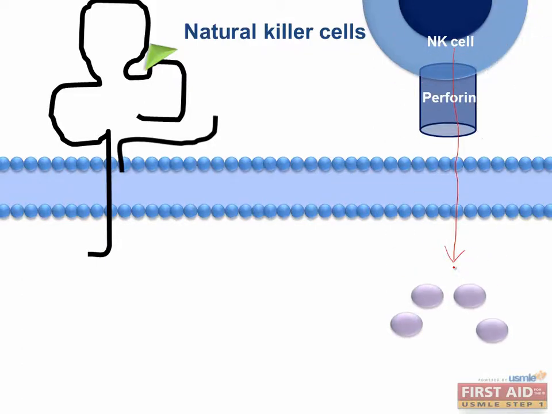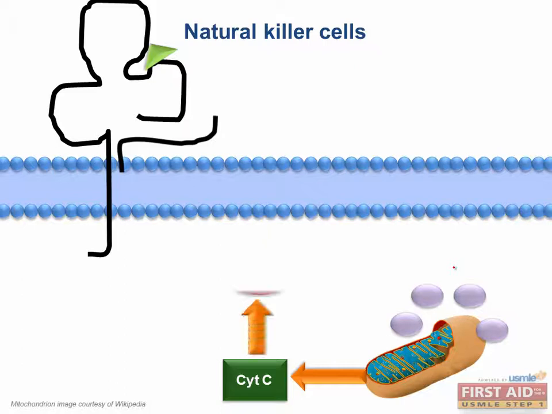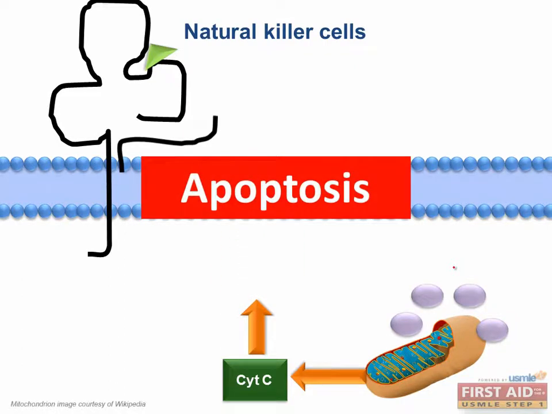They're enzymes that will stimulate what inside this cell? The release of something from the mitochondrion, and that is cytochrome C. So cytochrome C gets released. And that's not good because cytochrome C then in turn is going to activate something that starts with a C, and that is caspase enzymes, and those lead to apoptosis.